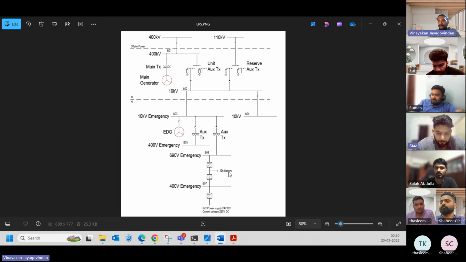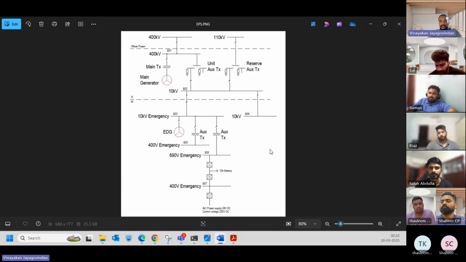These systems ensure a continuous power supply to critical systems until the diesel generator can start and take over. So until this diesel generator starts, these UPS and battery systems are supporting the critical components.